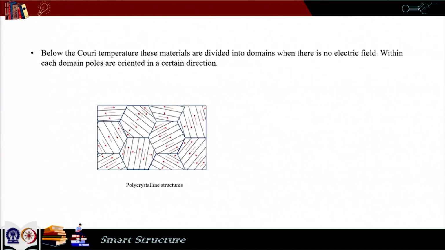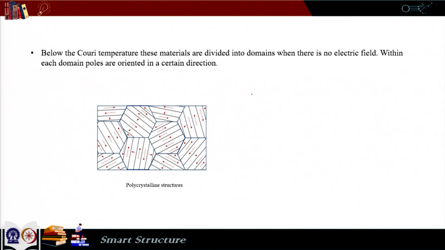Now, in polycrystalline materials, each of these domains has a different direction of polarization, because the individual domains have their own orientation or distribution. But when we look at the full picture, the net effect is zero polarization, because these diverse orientations finally balance each other, and we do not see any net polarization if we look at the full polycrystalline material.